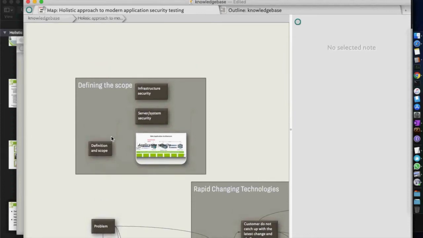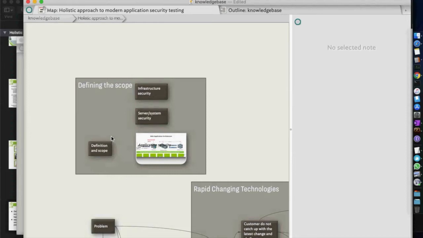So we definitely need to narrow down, because security is mainly very broad. Even when we say security testing, we usually talk about three quite wide areas.